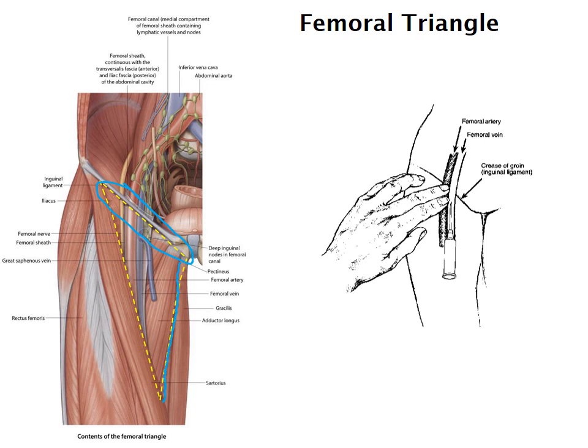The lateral margin is the medial margin of the sartorius muscle, which is in the anterior compartment of the thigh. The floor of the triangle is formed by pectineus and iliopsoas. We can make out that pectineus here, but iliopsoas is obscured by the neurovasculature.